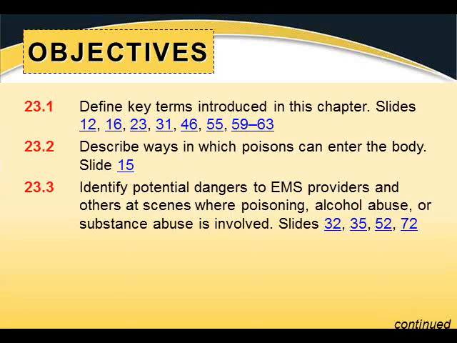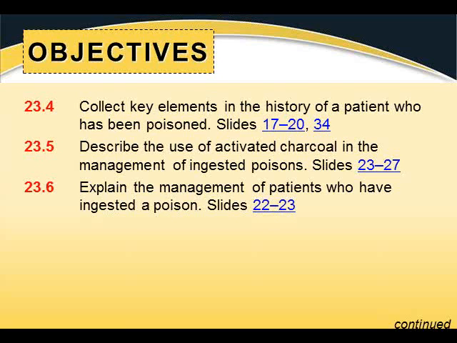Some of them will be related to other chapters that we touch on, such as injected poisoning. Injected poisoning, you can certainly have this from animal bites and stings. So that technically is a poisoning, although we usually will cover that in say environmental emergencies when we may have an allergic reaction. So some of this stuff kind of leaks over into other arenas.